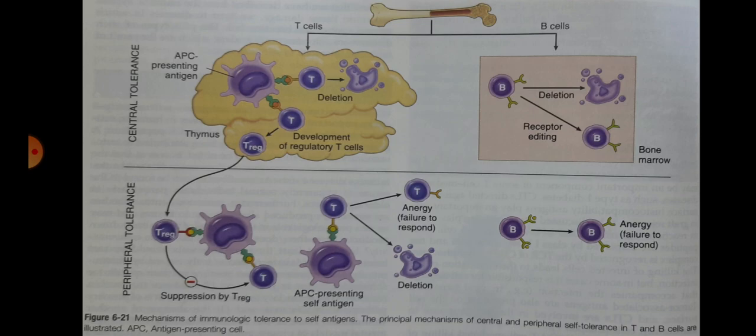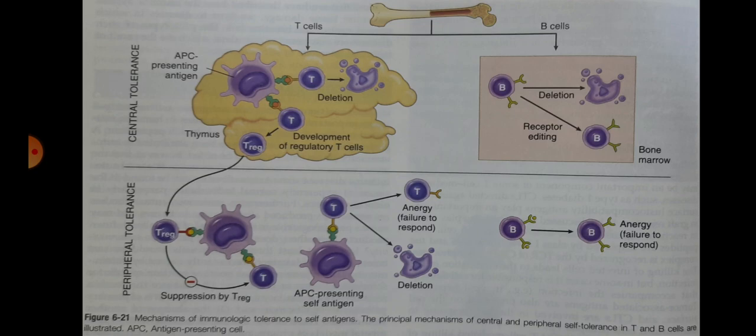The principal mechanisms of central and peripheral self-tolerance in T and B cells are illustrated in this figure. APC indicates antigen presenting cells, right? Now let's talk about each of these briefly.